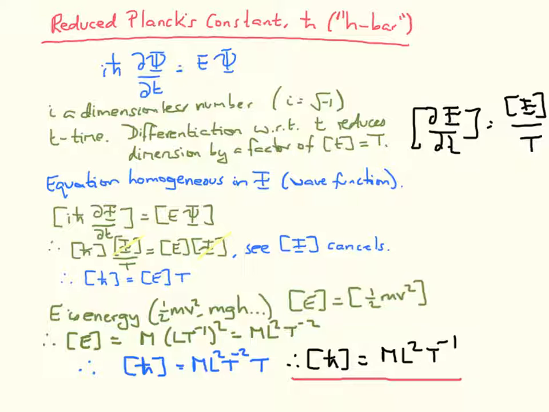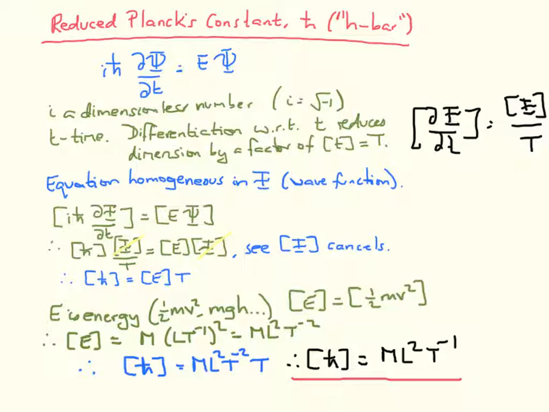And if you were to think about it in terms of the SI units, well, this is energy and this is time, so it's going to have units of energy times time, so it would be joule seconds. But the more abstract way of thinking about it, the more general way of thinking about it, is in terms of dimensions, and these are its dimensions.